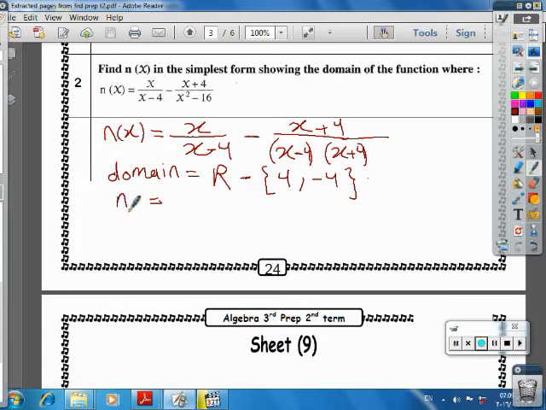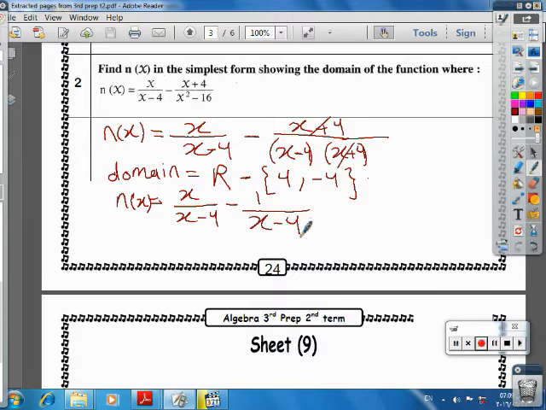After that, we can cancel x plus 4 with x plus 4. We rewrite the fractions: x over x minus 4 minus 1 over x minus 4.